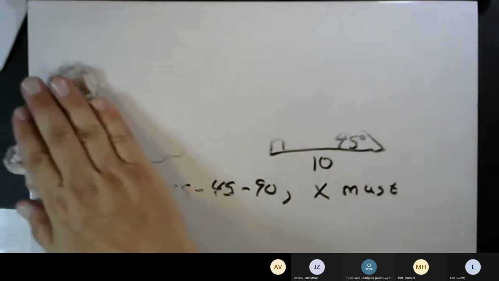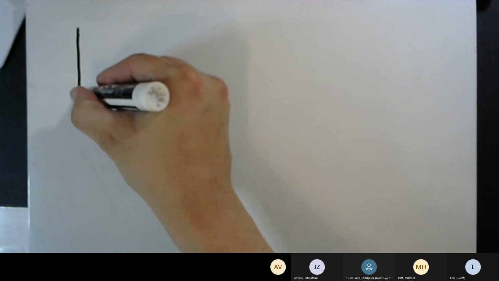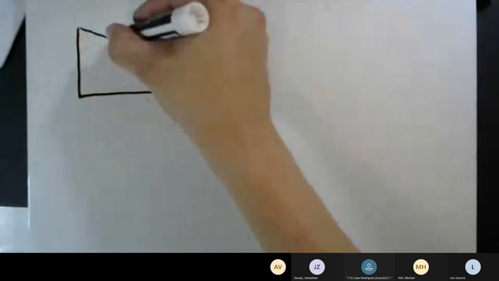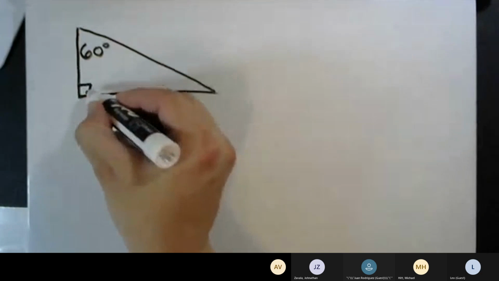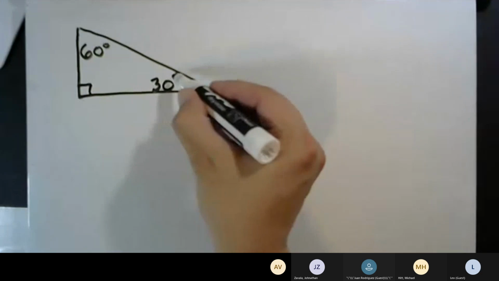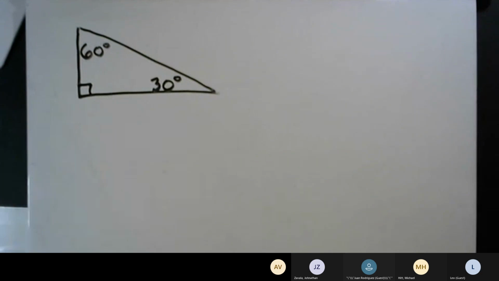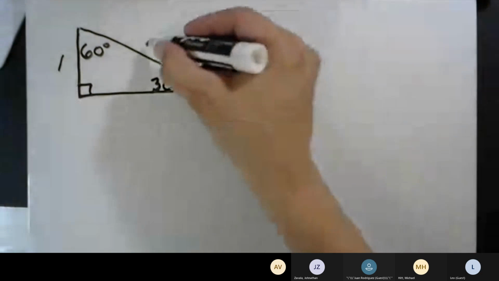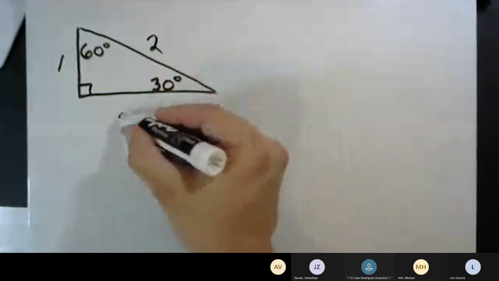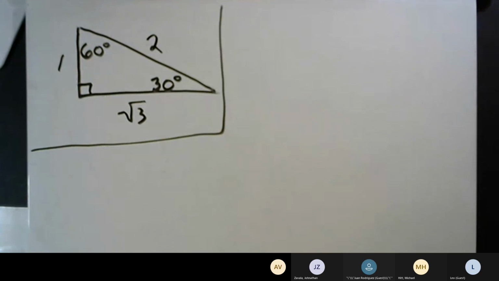Another shortcut is this one. It's the 30, 60, 90. And its base is going to look like this.